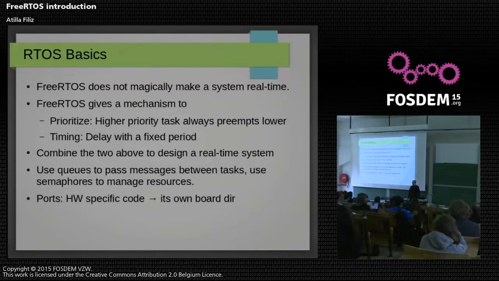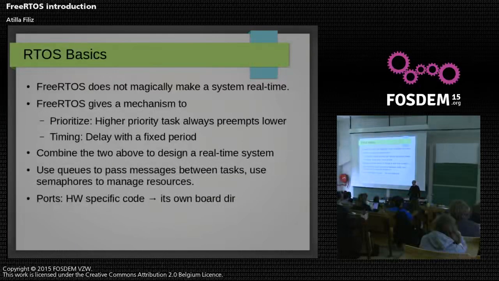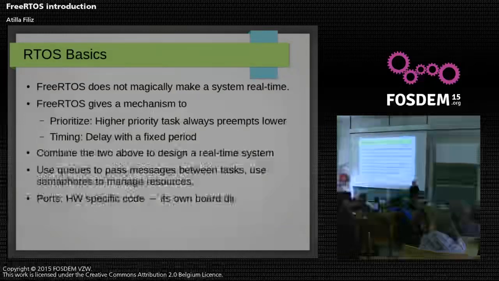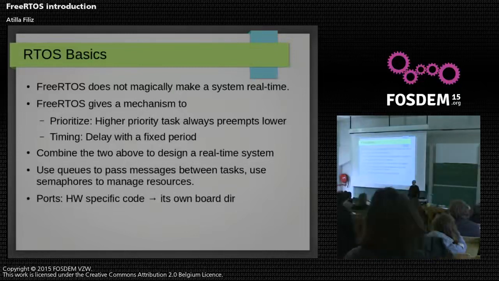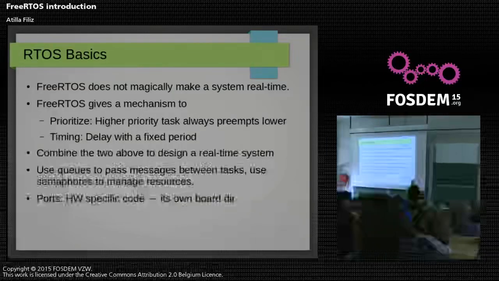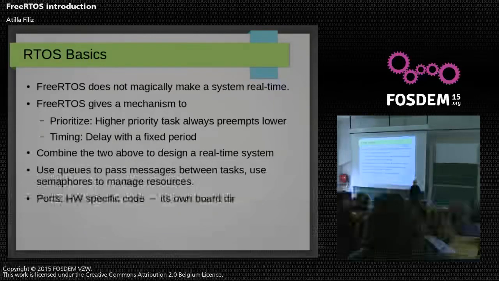It gives tasks absolute priorities, so that you know if a higher priority task can run, it will run. You can be sure of that. And it gives you some timing facilities so that you can delay tasks or fire them in a repetitive and predictable way. As any basic operating system, it gives message queues, semaphores and mutexes so that tasks can communicate and synchronize.